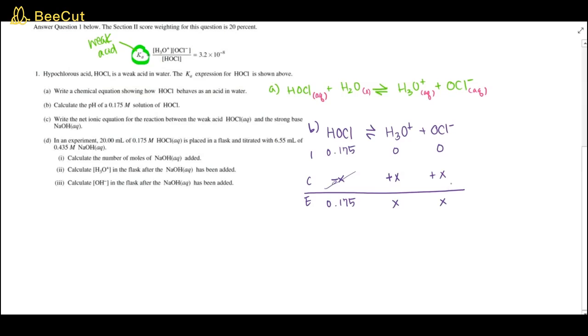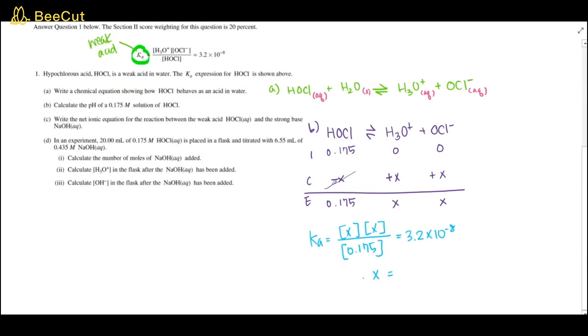Now that I have all of the equilibrium concentrations of all the species in that particular solution, I can just plug it into my Ka expression. It's going to be x times x over 0.175, right? And I know that my Ka value, because it has been given, is 3.2 times 10 to the negative 8.